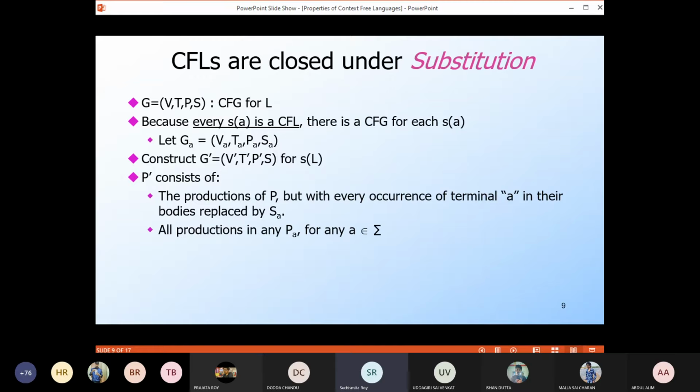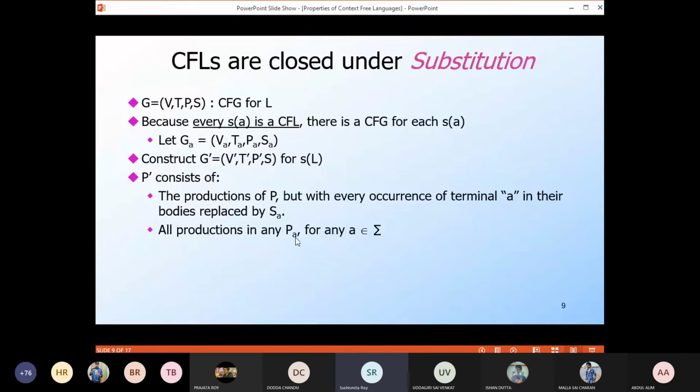Now, all the productions in P_A, all the productions in these substituting grammars, we will add to this new grammar P prime, and they remain the same. The right hand sides remain the same.